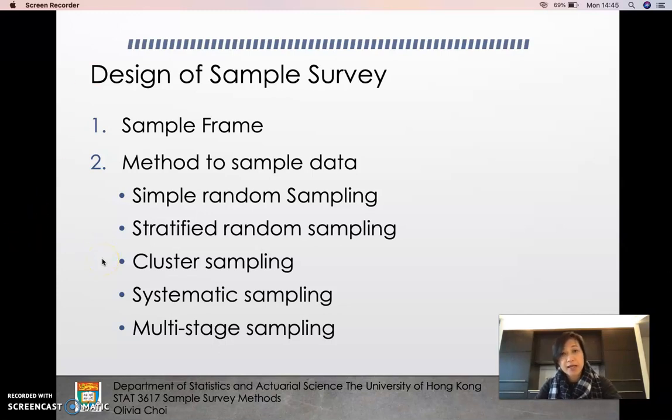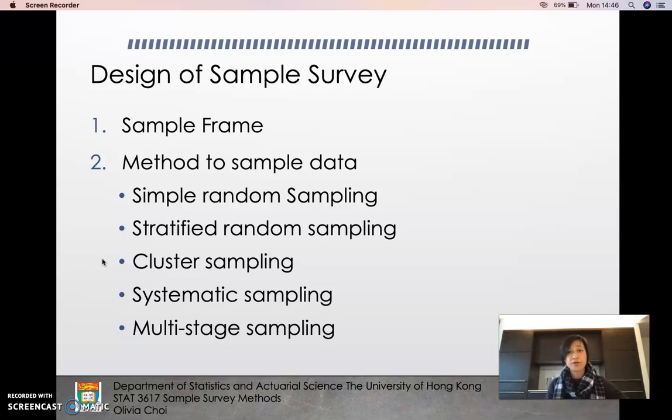Cluster sampling, again, the population is in some kind of order, and then we look at them in different groups of clusters. Then we randomly choose the cluster. Then we have the entire cluster sampled. Systematic sampling, that means we choose the sample in a systematic way.